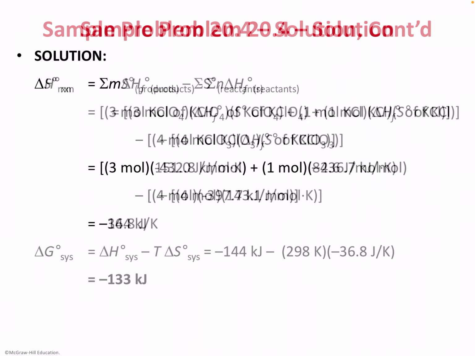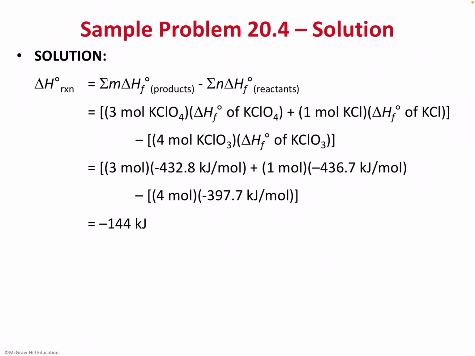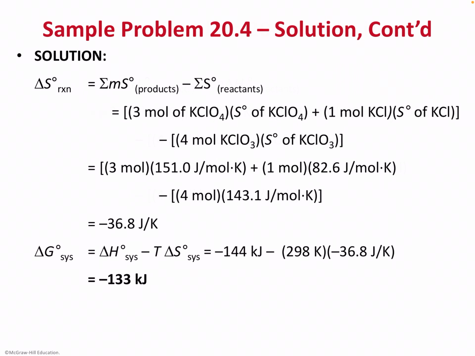So delta H we found is negative 144 kilojoules, and the entropy was found in joules per Kelvin. So this one is kilojoules, and we need to convert them into the same form.